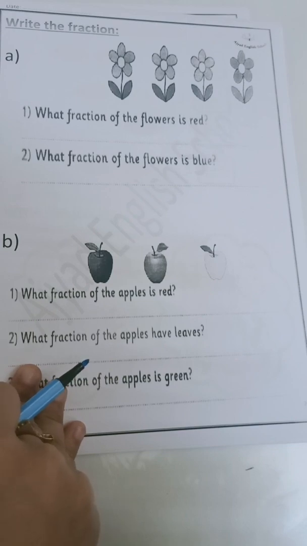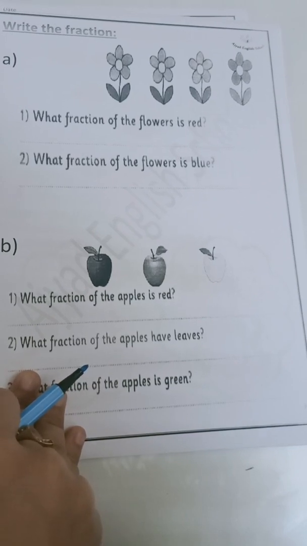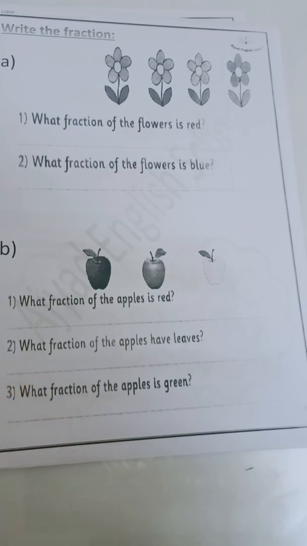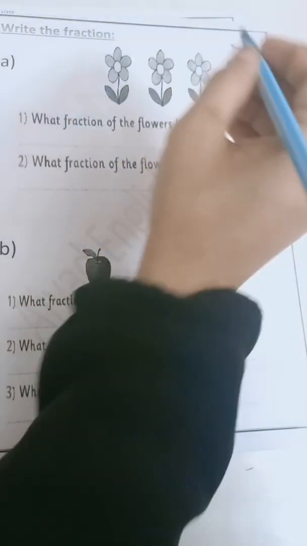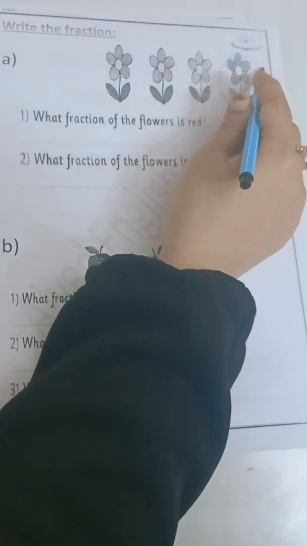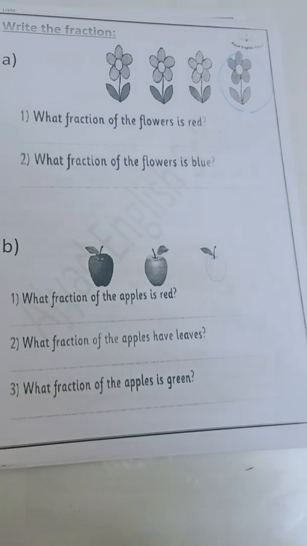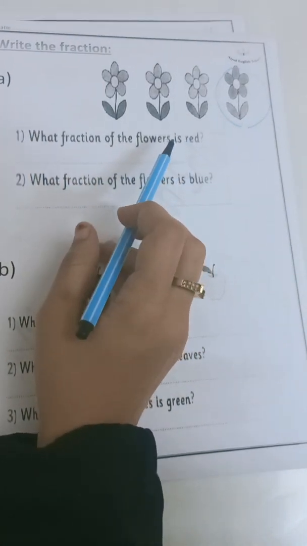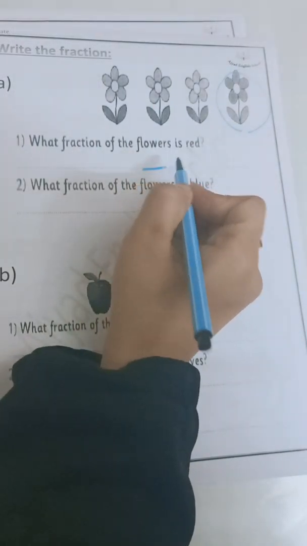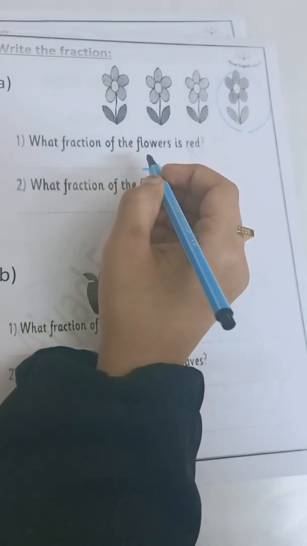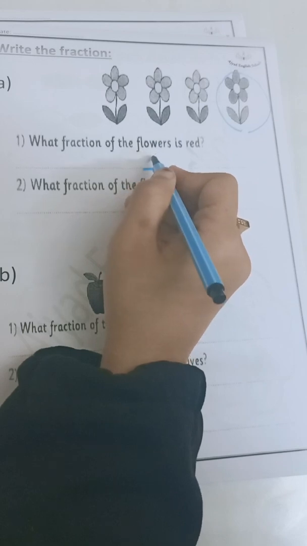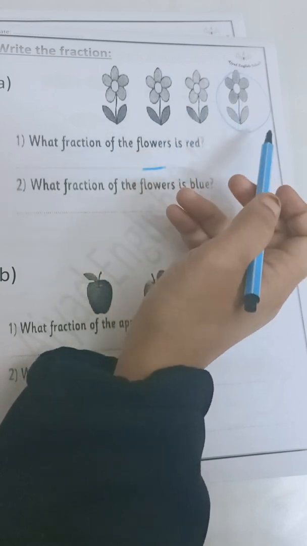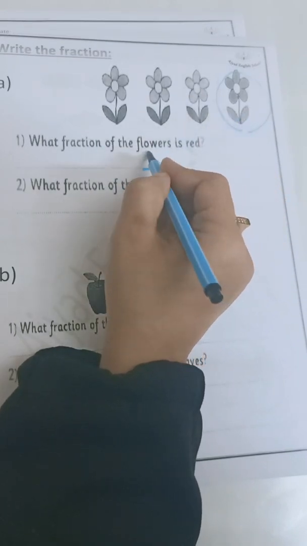What is the fraction of flowers that are red? Okay, we have here red is 1. So what is the fraction of flowers that are red? Miss, write, excellent, the fraction bar, and write in the up, the numerator, how many red flowers? 1.